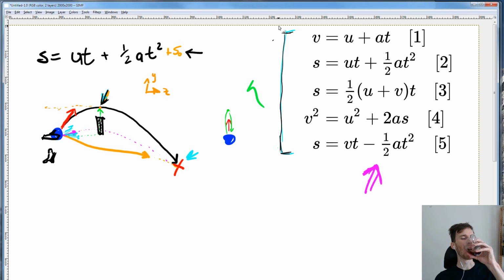Well, we're trying to find an initial velocity, so we're trying to find u that's going to hit the point. So that probably removes the three s equations, because those s's are for position. So that leaves us with either the first one or the fourth one.